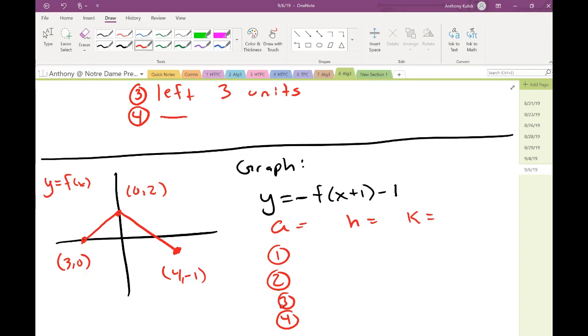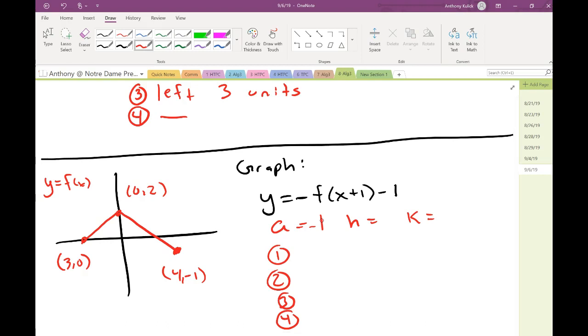So what is my value for a here? -1, right? What is the a doing? What operation is the a doing to f of x? Multiplying. When nothing is there in a multiplication problem, what number do you have to assume it is? 1.